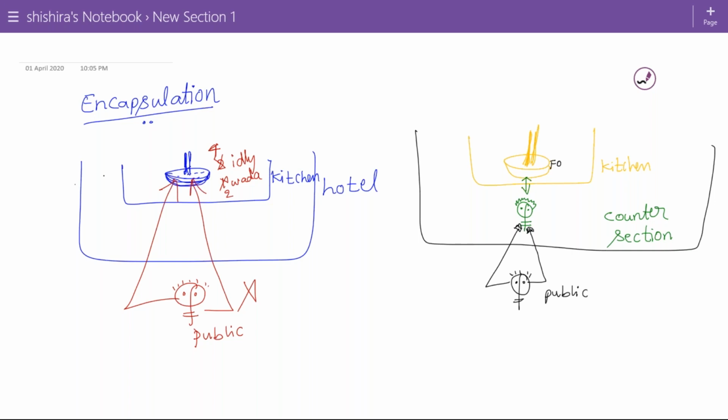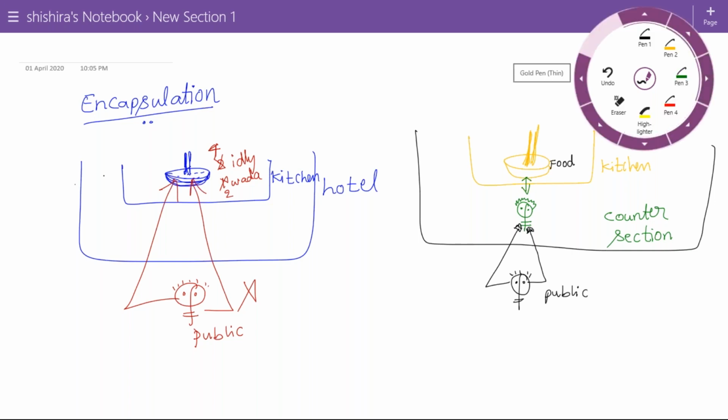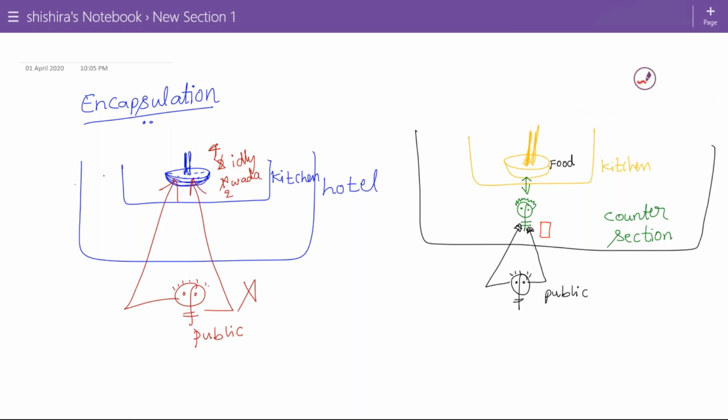So the advantage is that when you give the token, at that time you are going to give the coupon or the token to this person. This person is going to validate it. Try to understand. This person is going to validate how much you have paid, what the date is, everything.